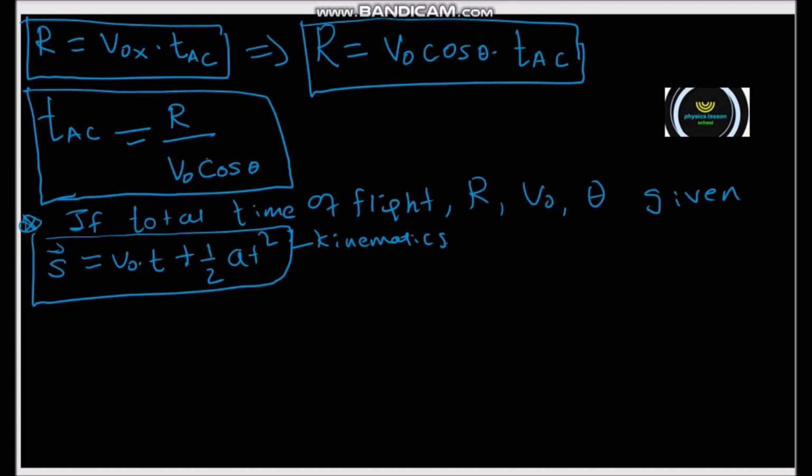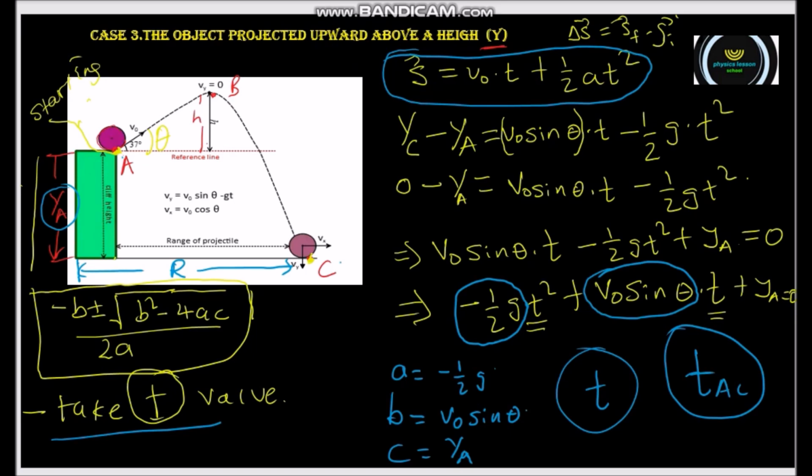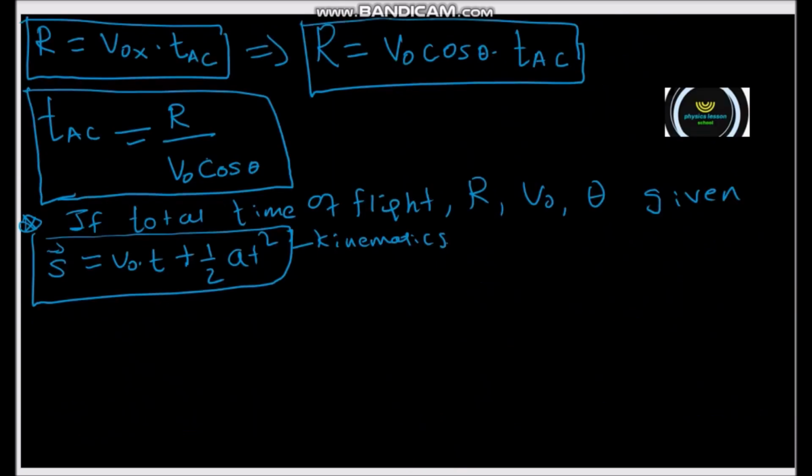If you are now required to find the value of YA, that means the displacement in the vertical. Look at the direction of YA. YA is downward. In the downward direction, the displacement is negative.